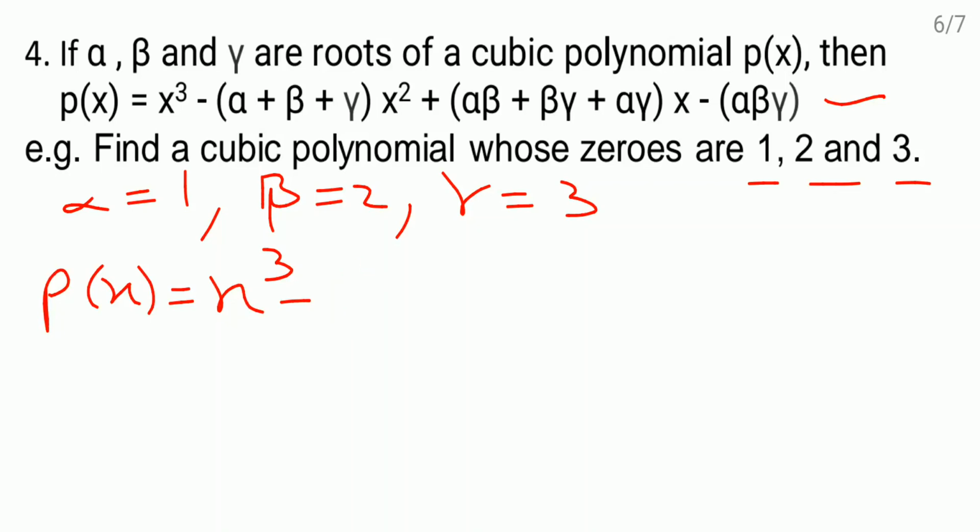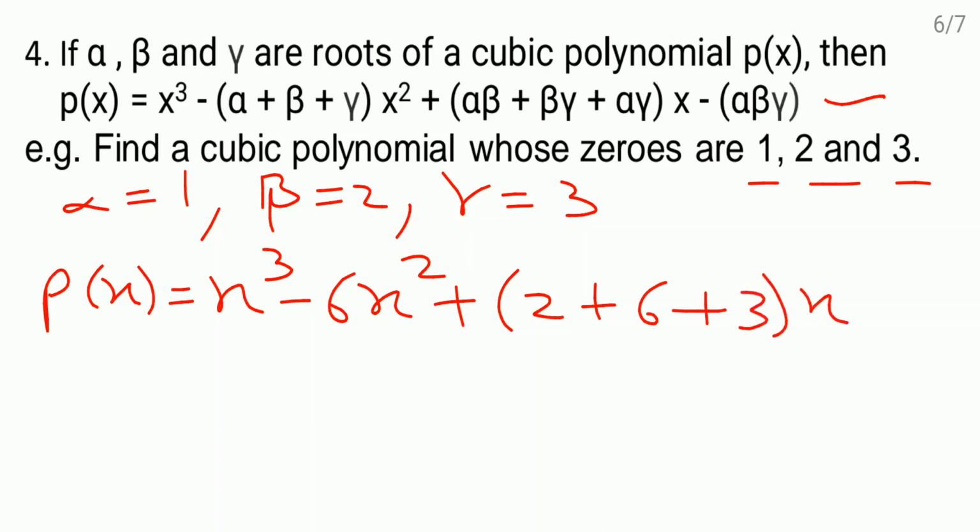So here I'll write down 6x square plus, now alpha beta. So alpha beta means what? 1 into 2. So it comes as 2. Beta gamma. So 2 into 3. It is 6. And gamma alpha, 1 into 3. This is 3. So 2 plus 6 plus 3 is 11, x, minus the product of the roots. So alpha into beta into gamma.